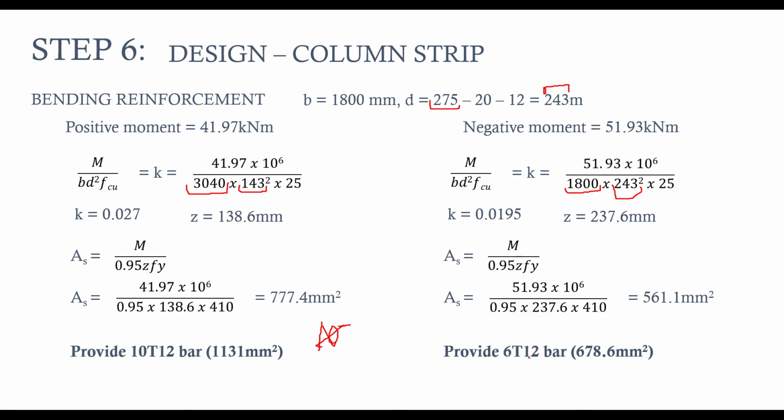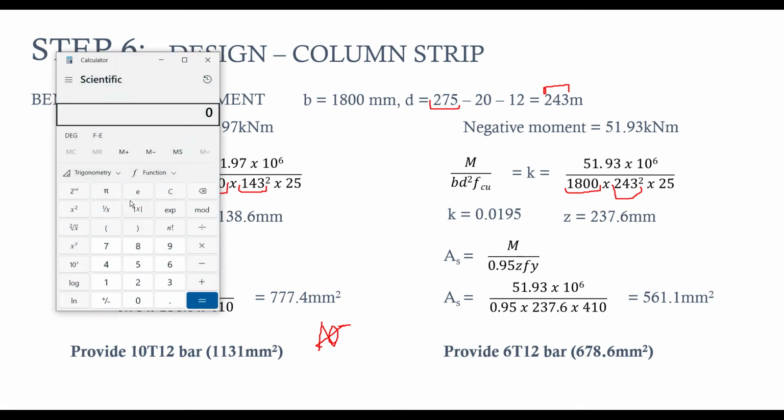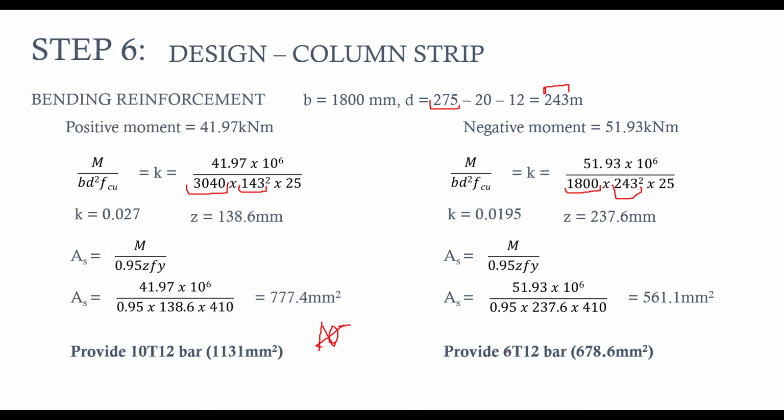So definitely, the spacing is going to be 1.8 divided by the number of bars, which is 6. So that means 6 number of 12 mm bars is equivalent to 12 mm diameter bar at a spacing of 300 for this one.